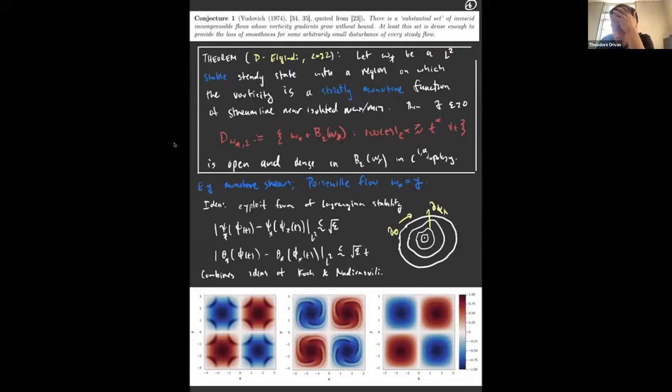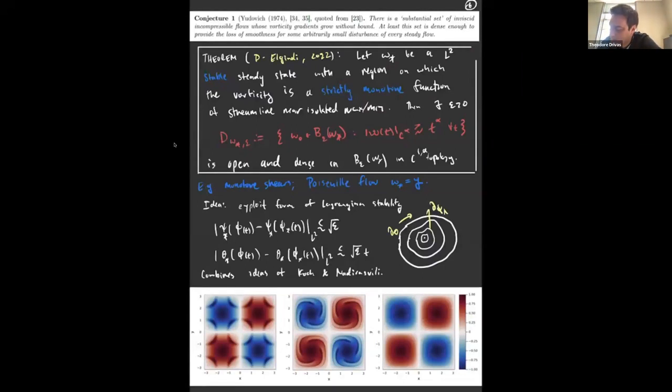We say, if you have a steady state which is stable, so Yudovich conjectured for any, but let's say you start just with the stable ones, and this steady state has an isolated extremum, maximum or minimum, that occurs either at a single point or on the boundary of your domain. So think of a radial flow, a radially decreasing vortex on a disk.